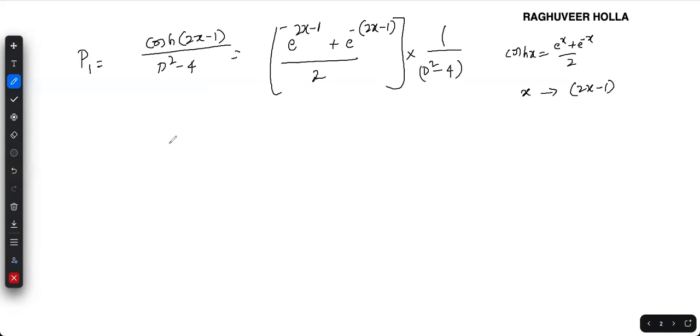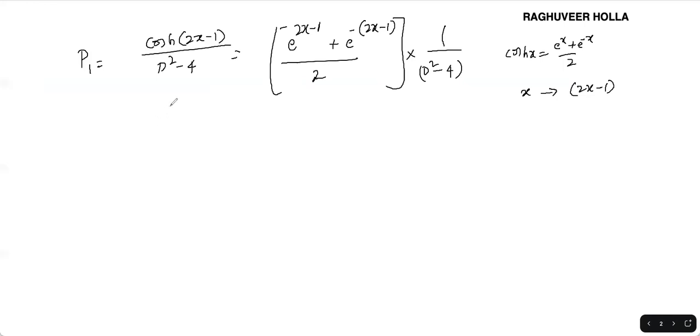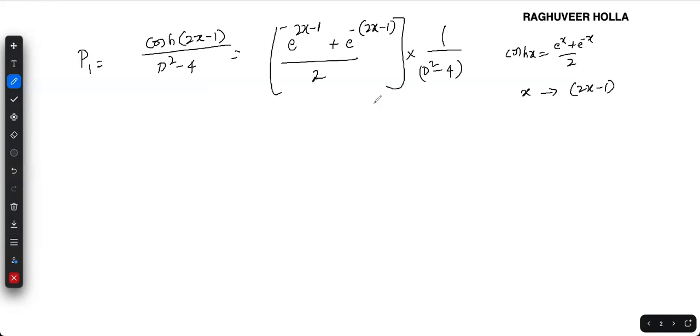Let us evaluate this. Now when I substitute D as a, which is 2, the denominator goes to 0.